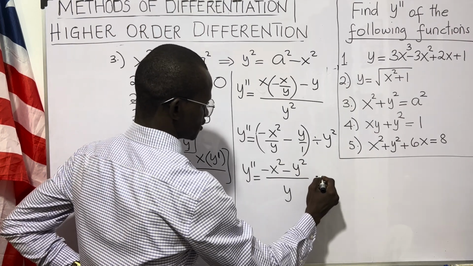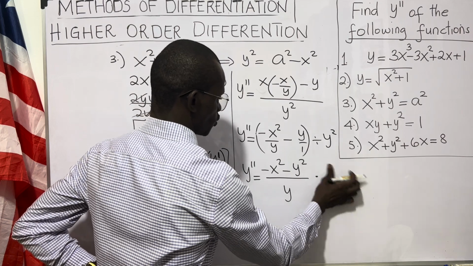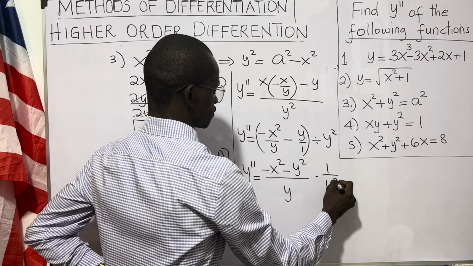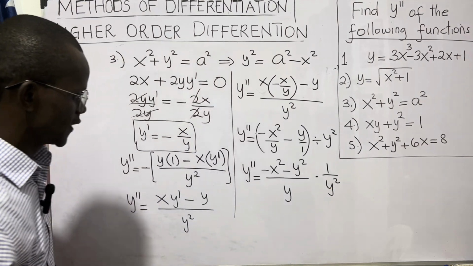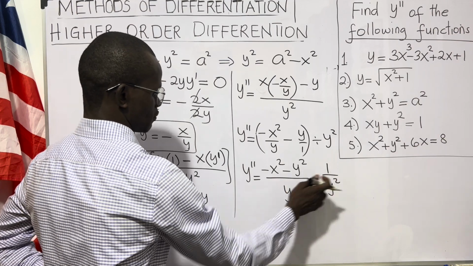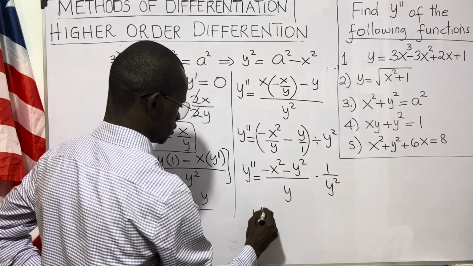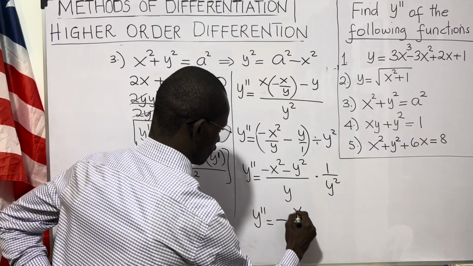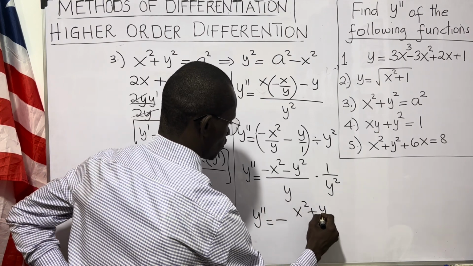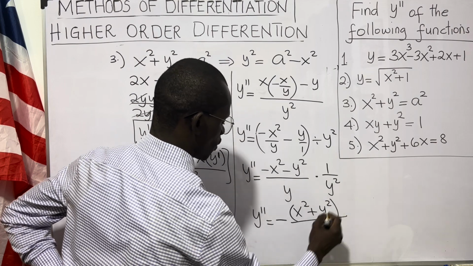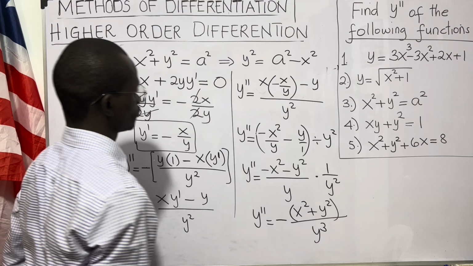And then times 1 over y squared, because if we reciprocate this, it becomes 1 over y squared, right? So y times this y squared gave us y cubed. Let's factor out the negative. We now have x squared plus y squared all over y cubed.